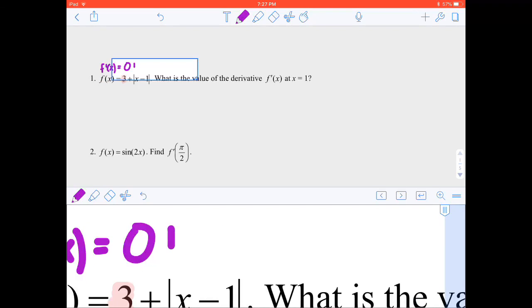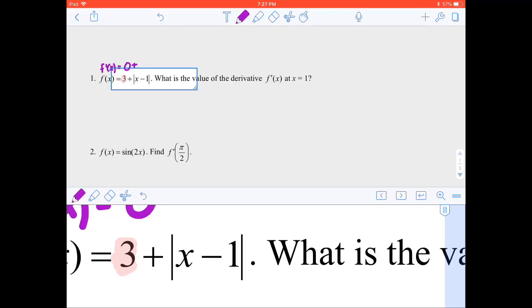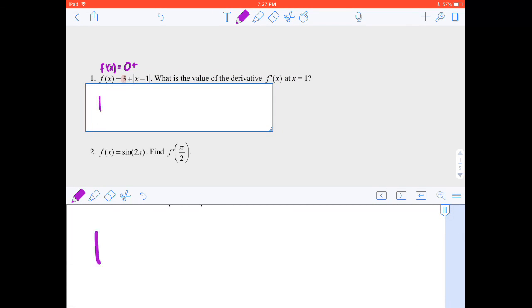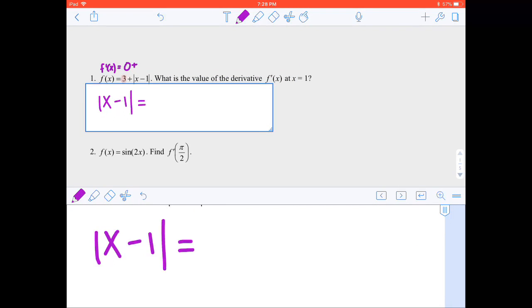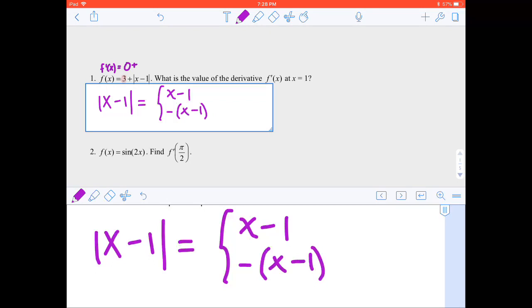And then it comes down to this absolute value function. What you want to remember is absolute value functions are really two parts. You have the positive and then you have the negative of that absolute value function.